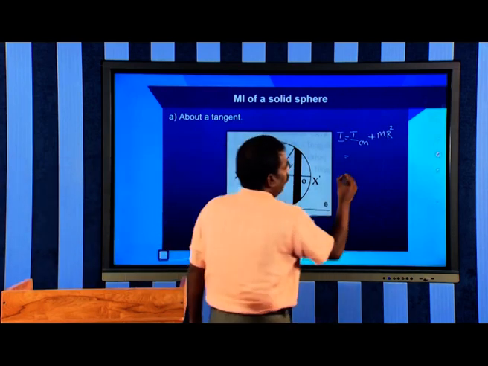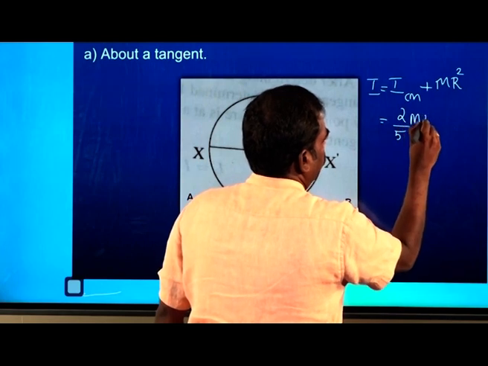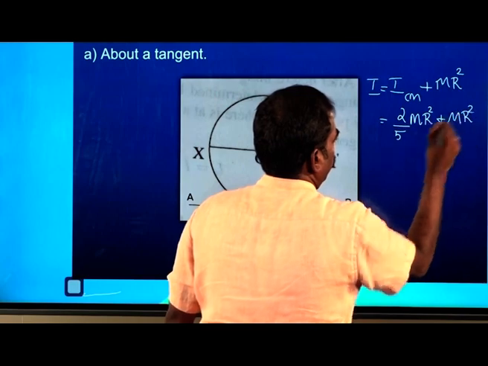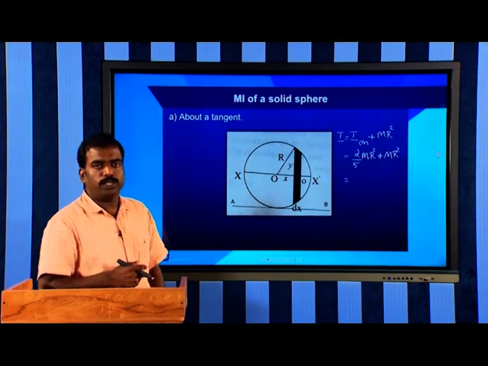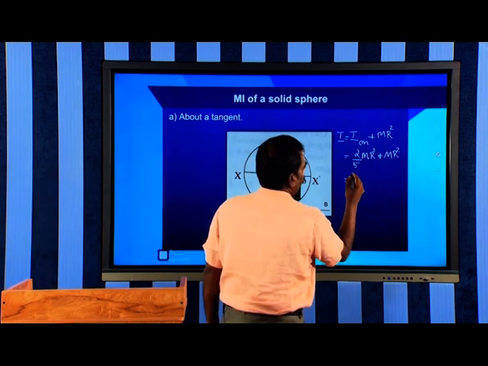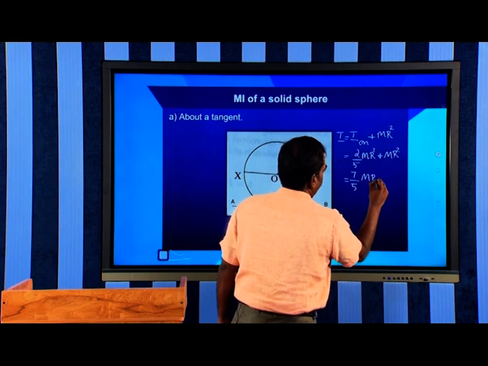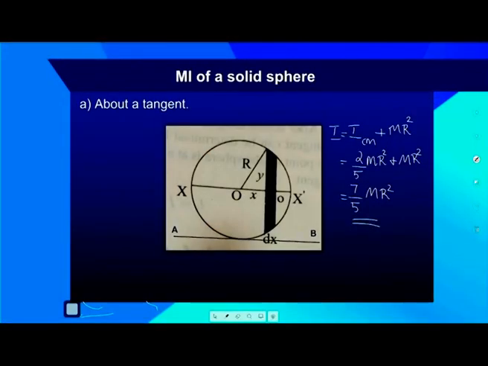It is 2 by 5 m r square. So, 2 by 5 m r square plus m r square is nothing but 7 by 5 m r square. So, this is the moment of inertia of the sphere about its tangent.